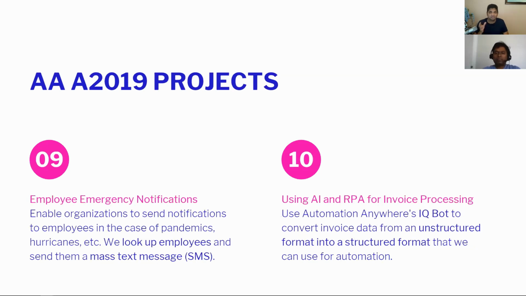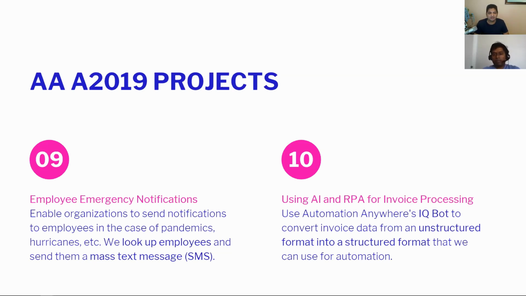One of the exciting use cases is emergency notifications. People who have reviewed the book found this very interesting. In my previous company, we actually looked to implement this for our HR group.